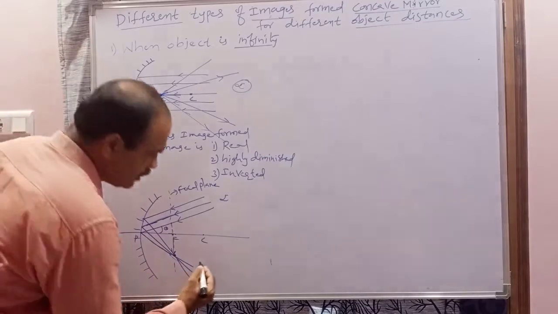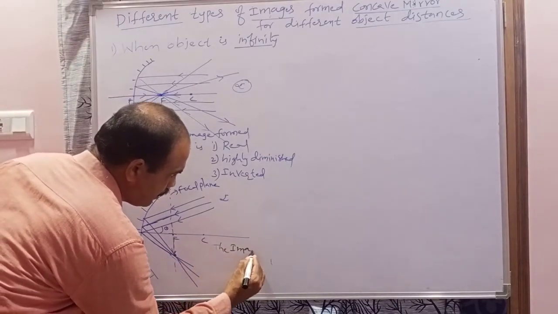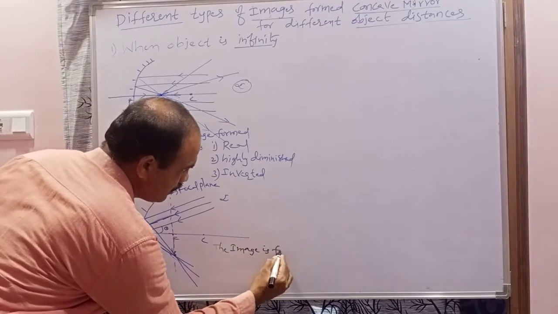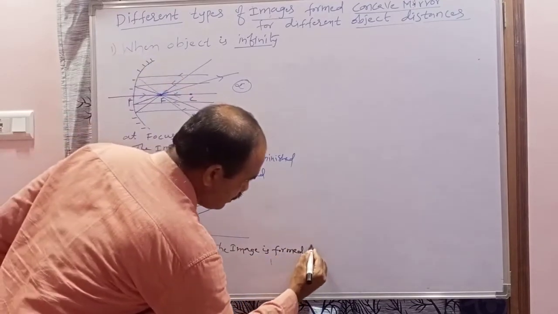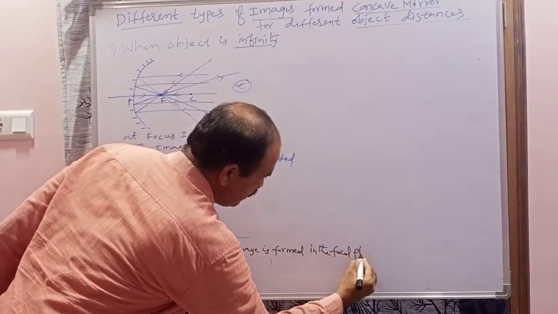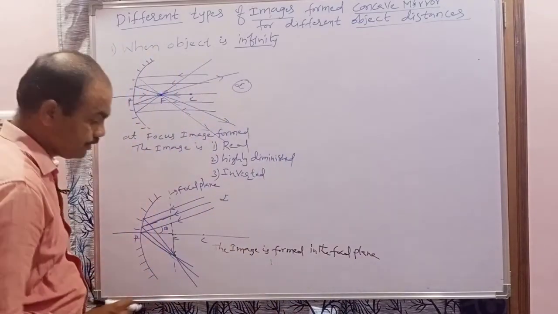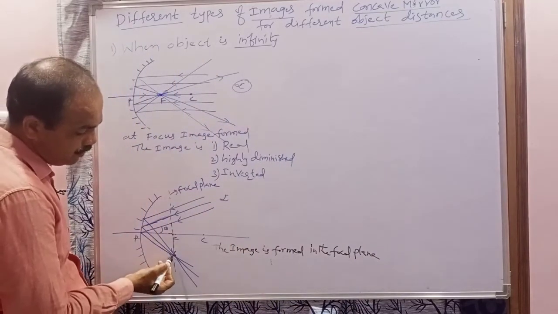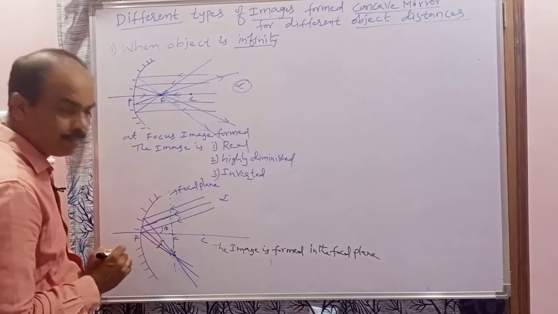Now that's where the image is formed. The image is formed in the focal plane. Now come to the characteristics. This image is formed because the reflected rays really meet.